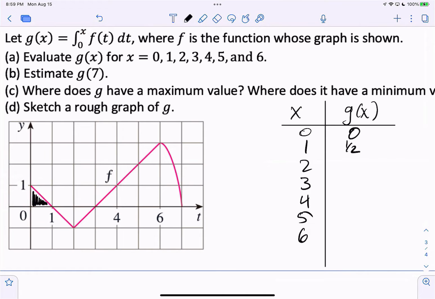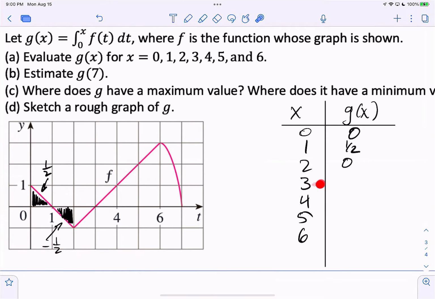For g of 2, we're starting at 0 every single time. G of 2 says now go up to 2. The first piece is a triangle with an area of 1/2. The second one is below the x-axis. It's also a triangle with an area of 1/2, but its value is negative 1/2, so 1/2 minus 1/2 is 0.